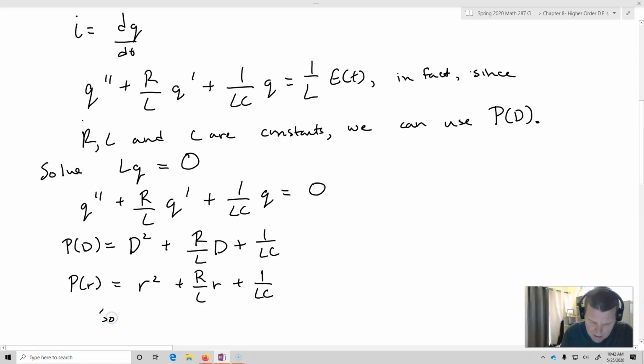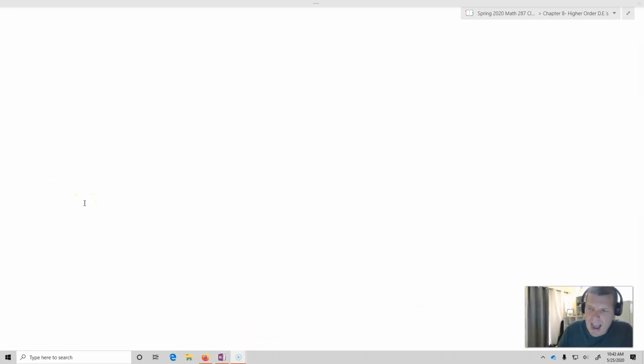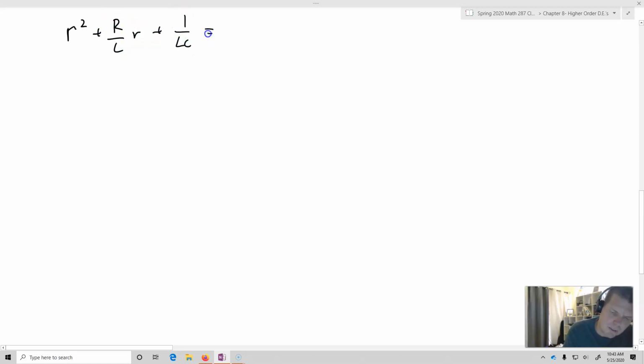Solving this gives us the solution to the homogeneous part. So let's see what happens when we solve for r, okay? Again, we have r squared plus R over L r plus 1 over LC equals 0, okay? We'll use the quadratic equation to solve for r.